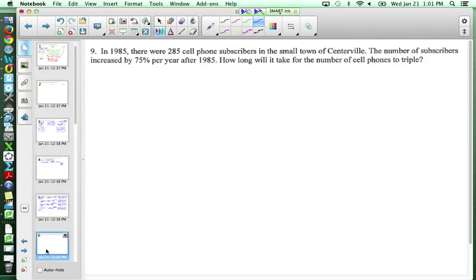The next several problems are all about these exponential growth and decay kind of applications. So make sure you can write out these formulas here. So we started with 285 cell phone subscribers. And the number of subscribers is increasing by 75%, so 1 plus 0.75. And we'll raise that to the x power.